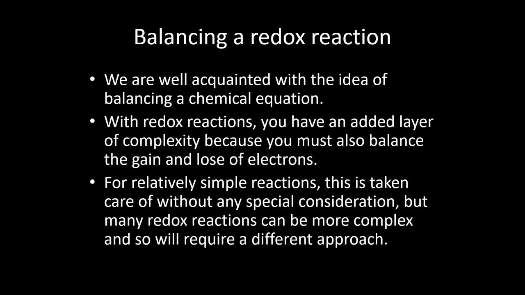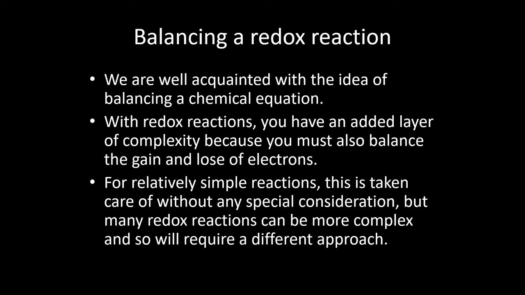Balancing the number of electrons on one side of a reaction versus another. When we're talking about really simple redox reactions, sometimes this does work itself out. Sometimes we don't have to take any special considerations.